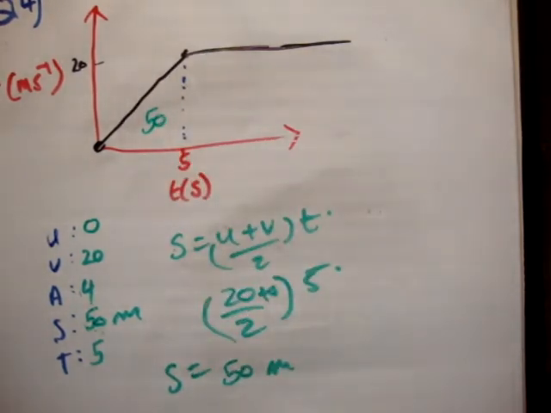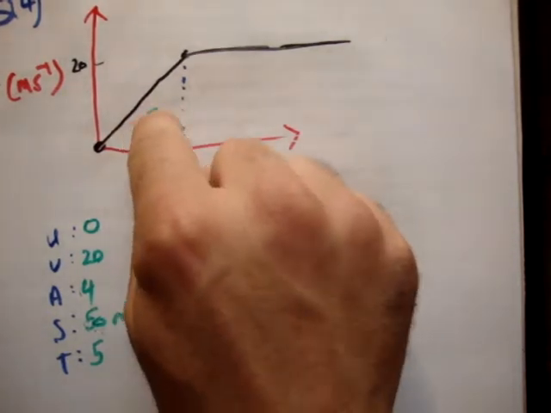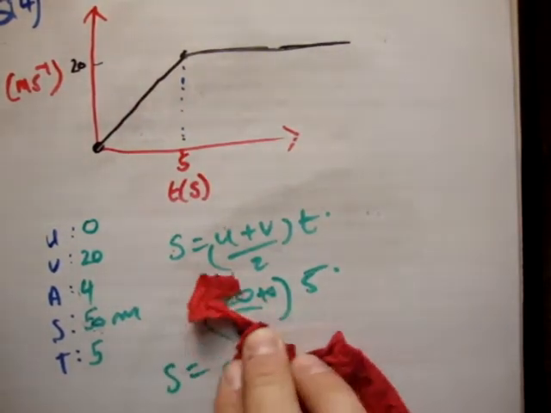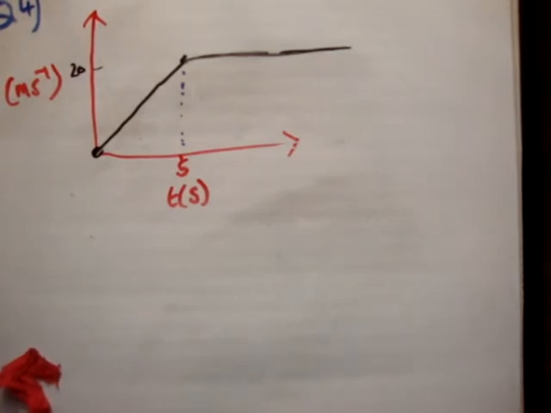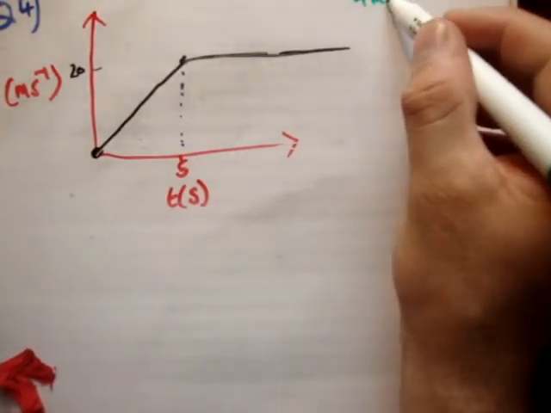Remember, the distance is also given by the area underneath the curve, but we'll ignore that for the moment. I'm just going to get rid of this. I want to show you something else about how to calculate the acceleration. We know the acceleration is 4 meters per second squared.